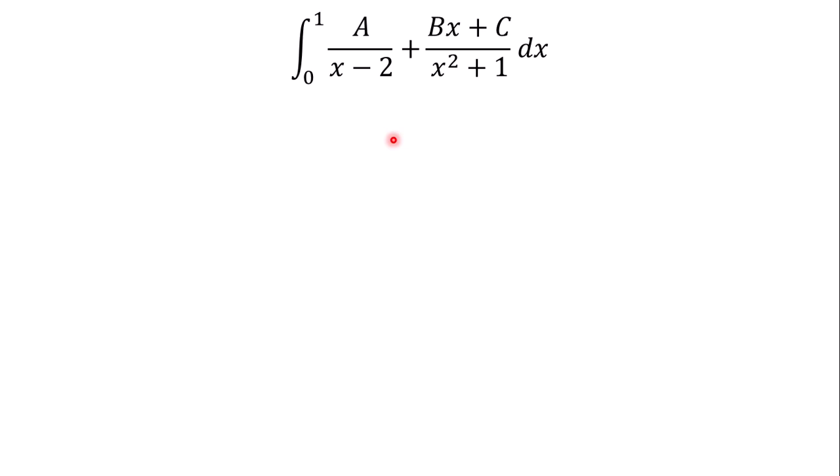But with a quadratic factor, because of this x squared here, we are going to get something of this nature, that is a over x minus 2 plus bx plus c divided by x squared plus 1.